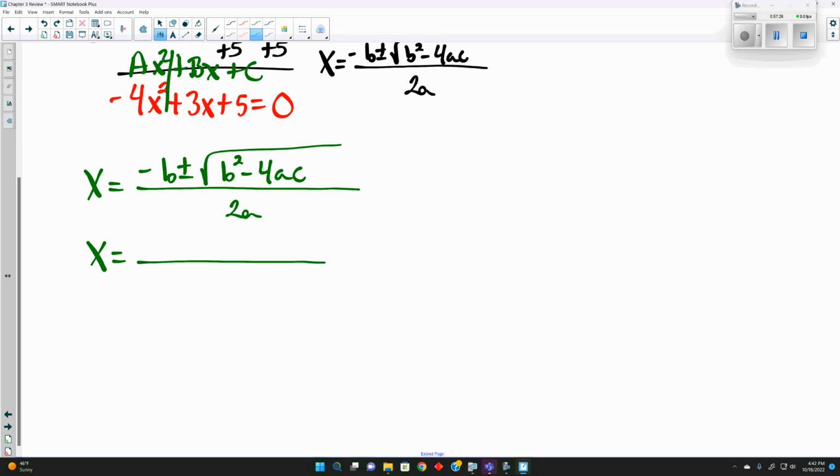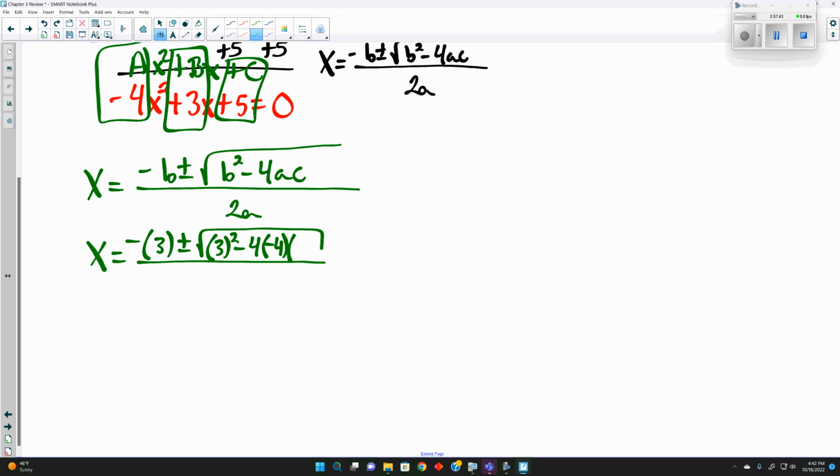So in our case, b is positive 3. So we have negative 3 plus or minus the square root of b squared, so 3 squared, minus 4. A in our case is negative 4. And c is positive 5. All over 2 times a, 2 times negative 4.